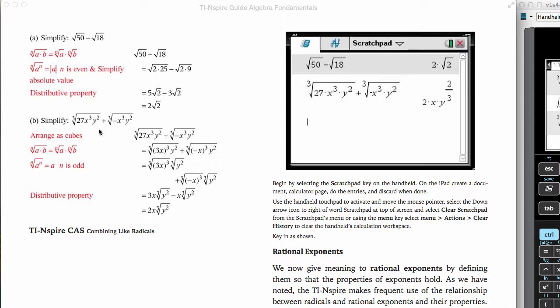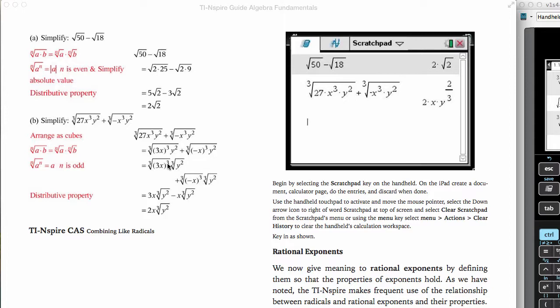So what happens here, we switch the 27 x cubed into 3x cubed. We take the minus x, look at this as minus x cubed in here, and then since we're going to deal with this part here and this part over here, when we have the cube root, we'll split it apart into the two.